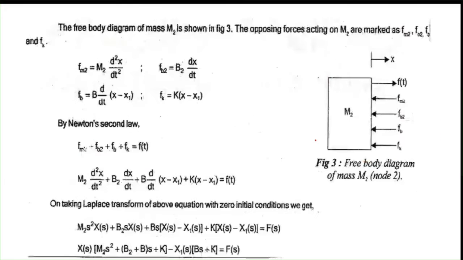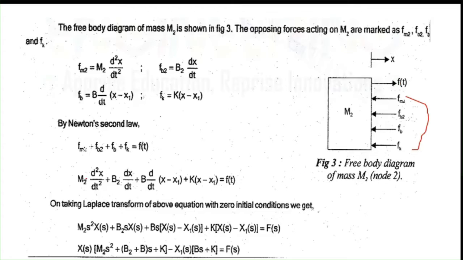Now look at the free body diagram. F of t is the applied force, and it has one direction. All the internal forces have the opposite direction. This is an important convention, you should note it down. Now the force balance equation here is Fm2 plus Fb2 plus Fb plus Fk equals F of t.